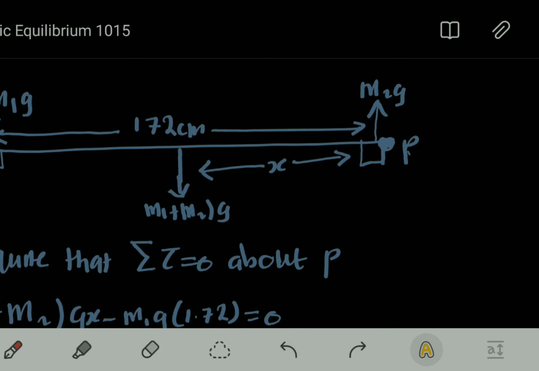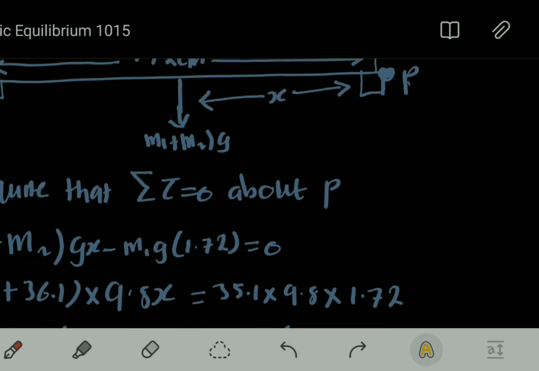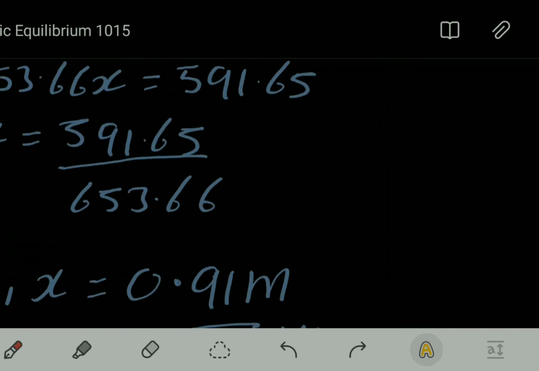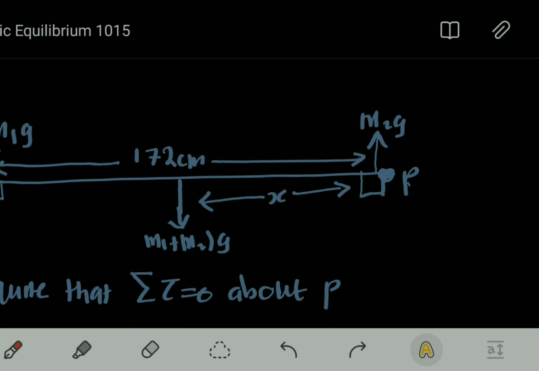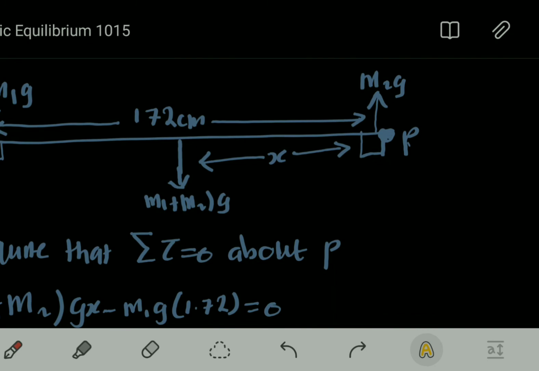Question 9 here requires us to find the center of gravity for this person who is lying. In this case, let us consider also the sum of the torques. I think I posted something earlier on this question in a PDF, so there's also a correction for this one, I think.